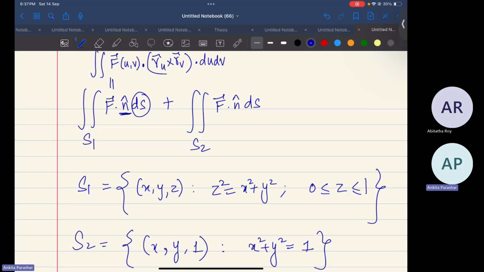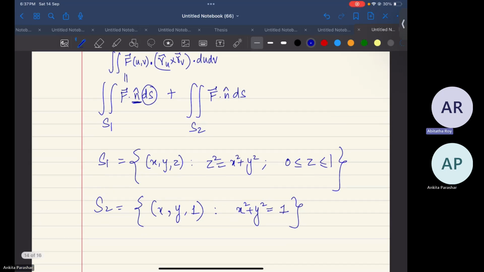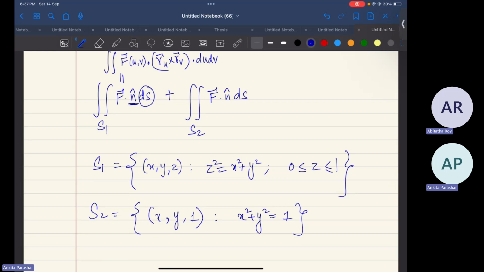For the first thing, I will parameterize just like this. We will write x to be r cos theta, y to be r sin theta, and in place of z, I will have r. R will vary from 0 to 1, and theta is going to vary from 0 to 2 pi. Is that okay?